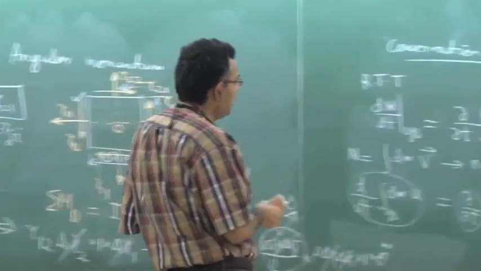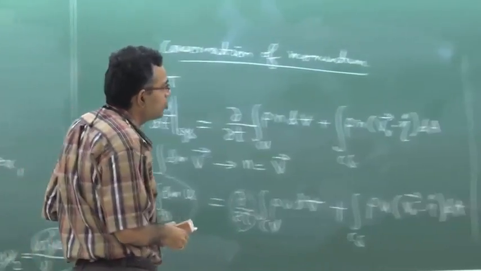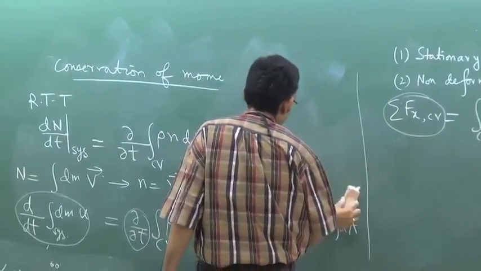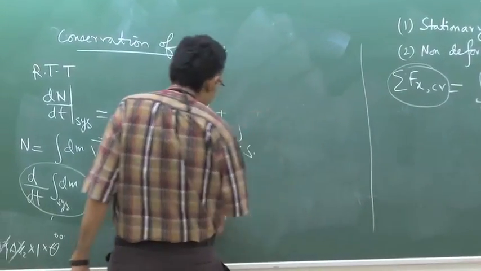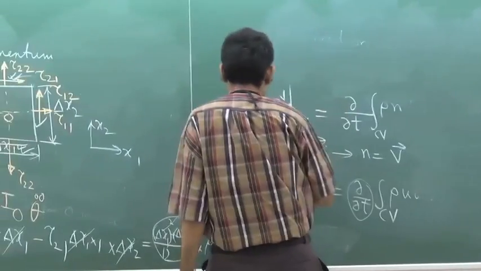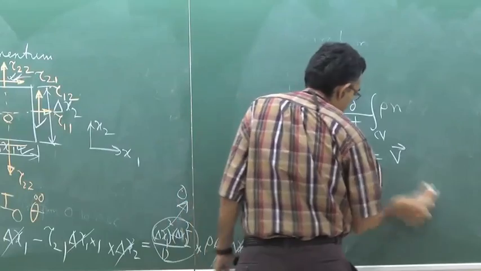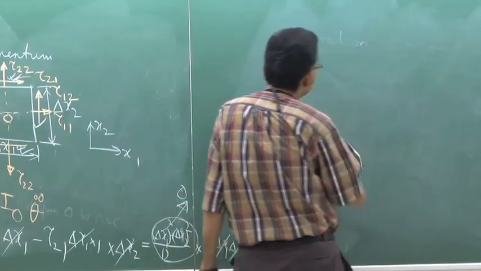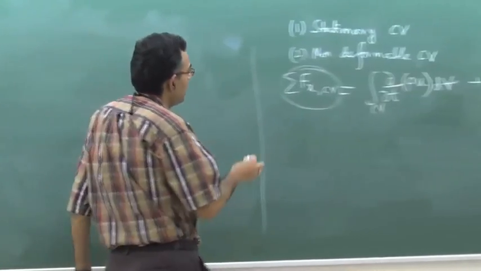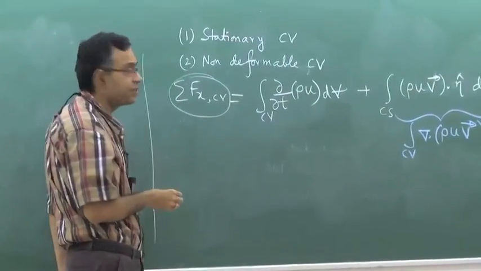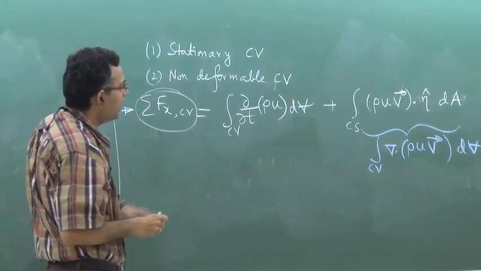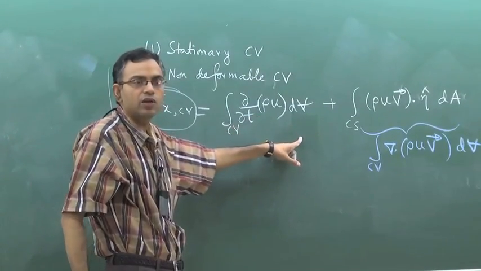With this understanding, now let us come back to this equation of motion or conservation of linear momentum that we discussed in the previous lecture. So if you recall, with the assumption of stationary control volume and non-deformable control volume, we arrived at this form of the Reynolds transport theorem.